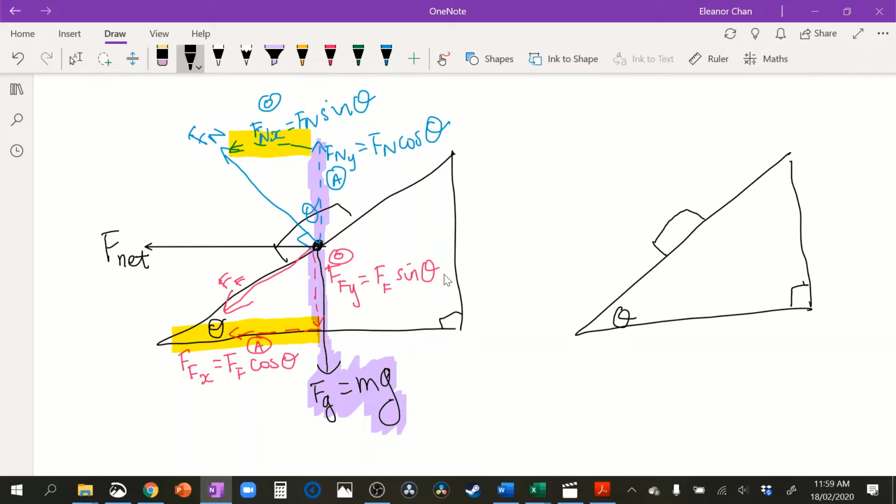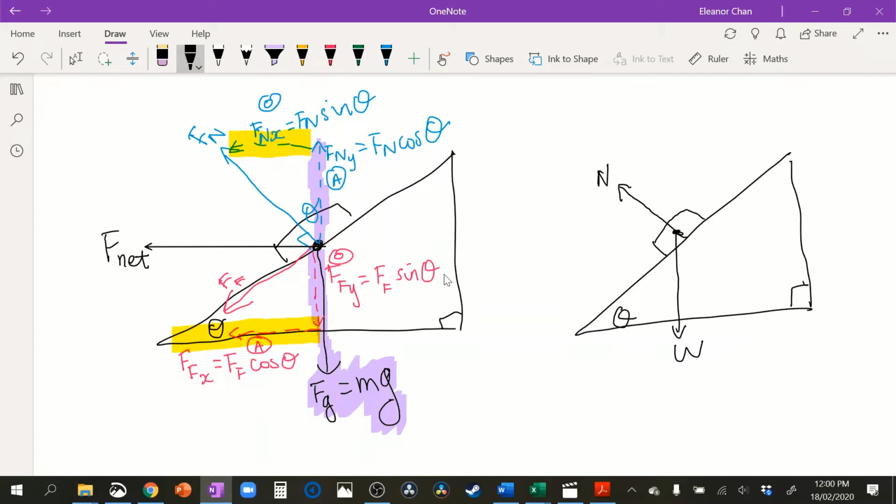Now, in terms of where we draw our forces from, I need to do a bit of talking about that. Before you copy at the moment, just listen to this bit. Normally we put the weight down from the center of mass. The normal force is from the surface it interacts with, and technically it's at right angles from the surface like this.